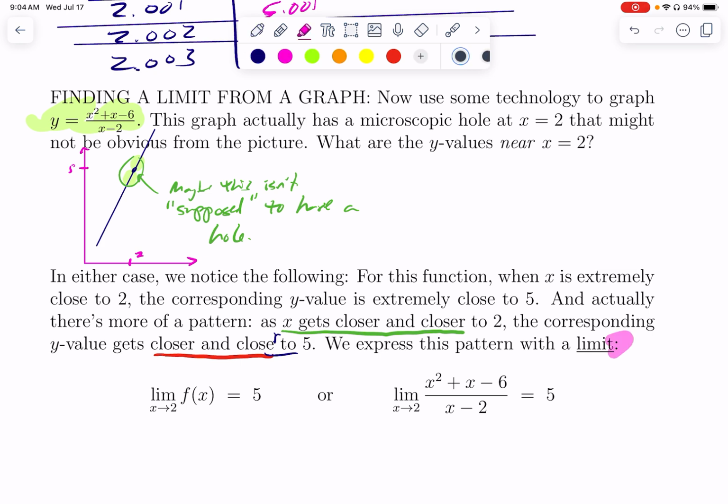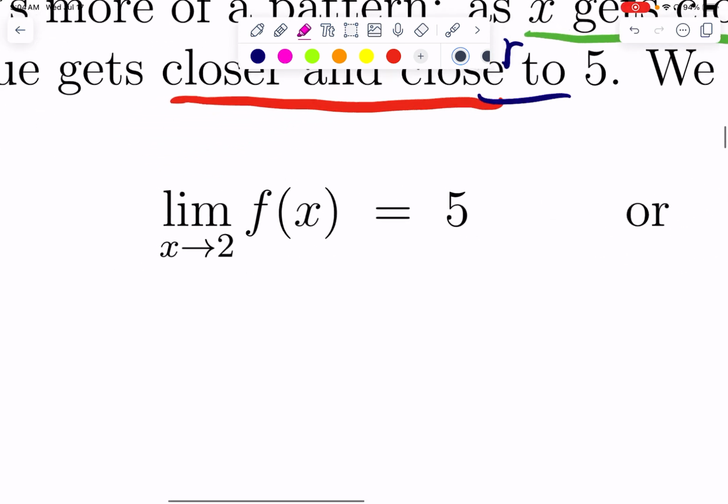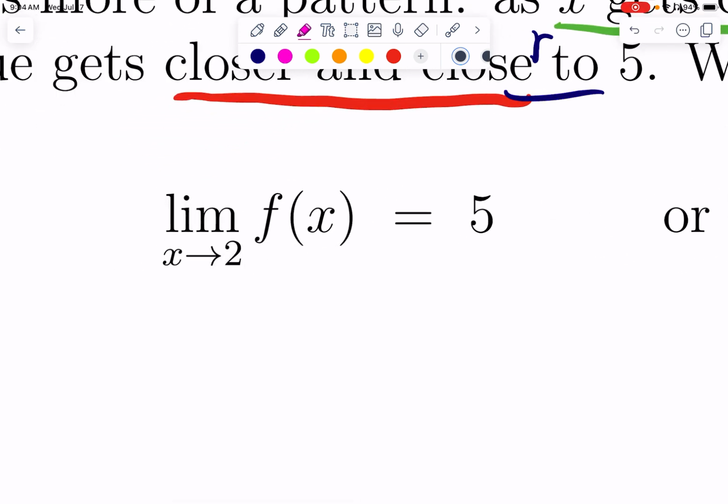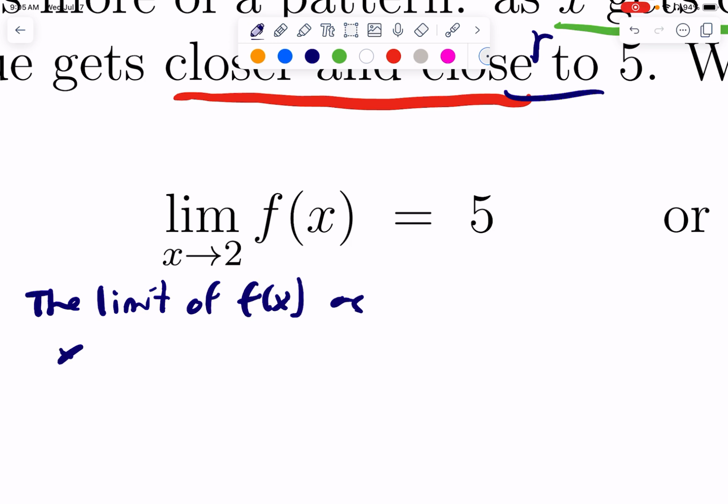And we can summarize what we're seeing with the limit. So here is how we could say this. First of all, let me just tell you how to pronounce this. This thing on the left, we would say the limit of f of x as x approaches 2.